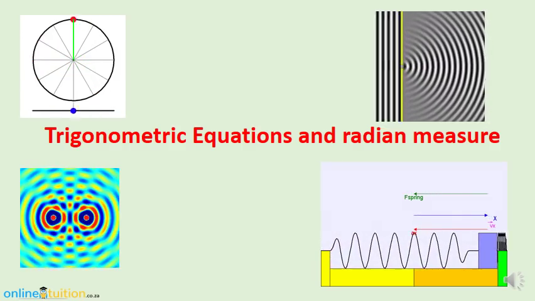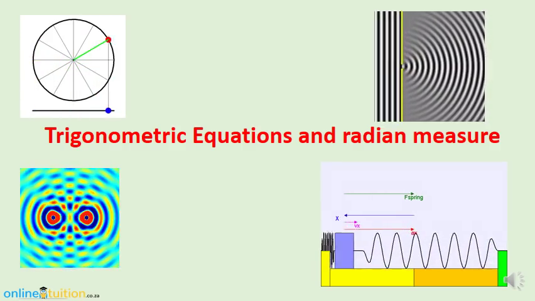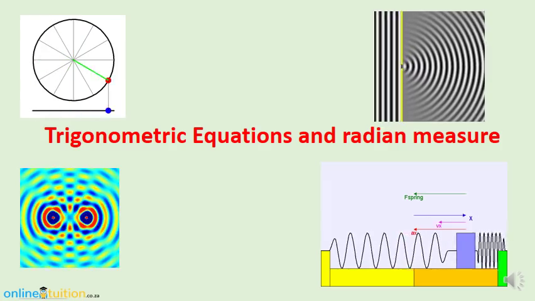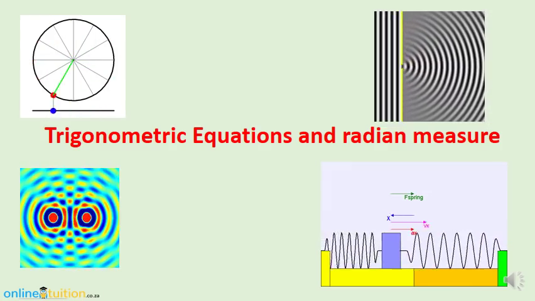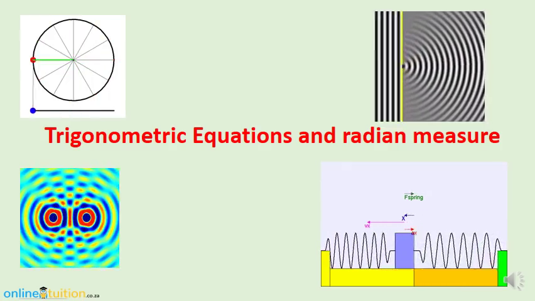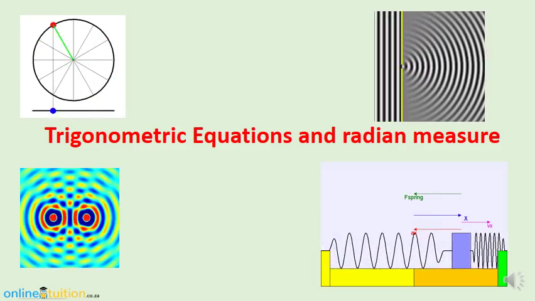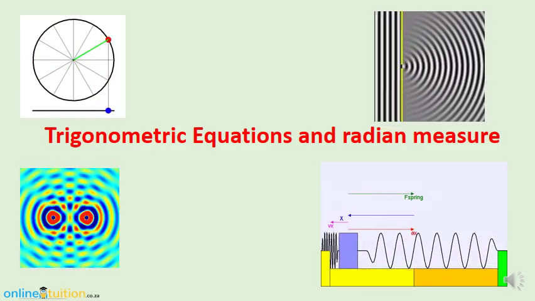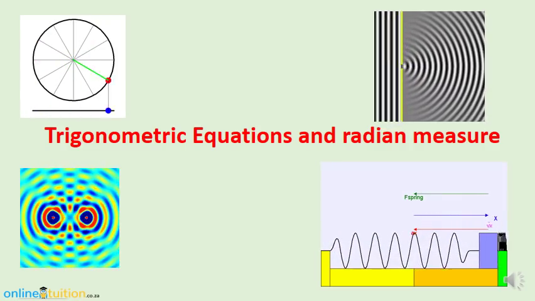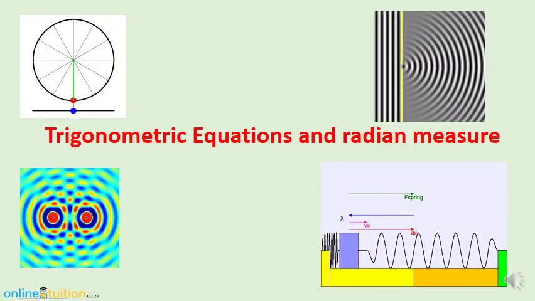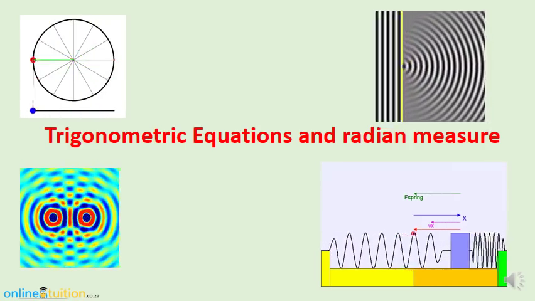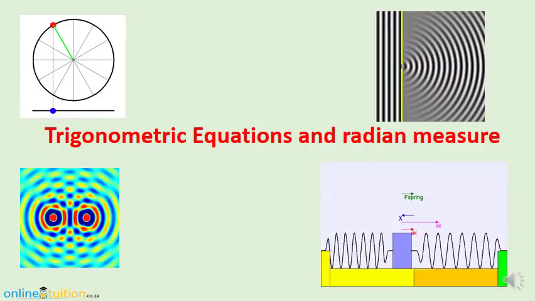For instance, the rest position of a particle, maybe its velocity at a certain time. If you look at electronics, we look at the voltage, we look at the current. So very, very useful information in terms of solving these trig equations. So on with the program. Let's see how we go about doing these things.